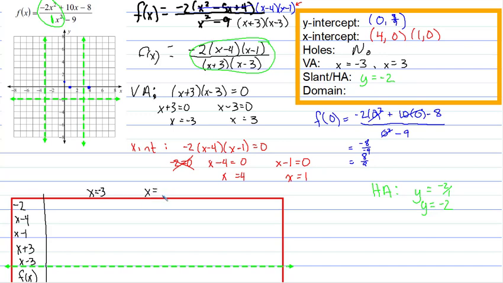The next one we have is x equals +1. The next one we have is x equals +3. And the last we have is x equals +4.